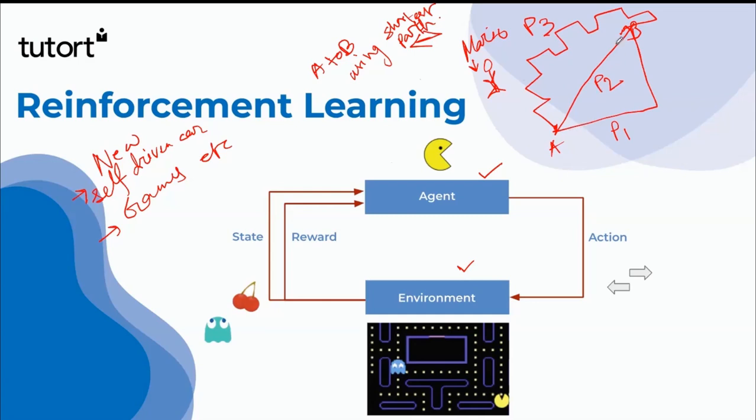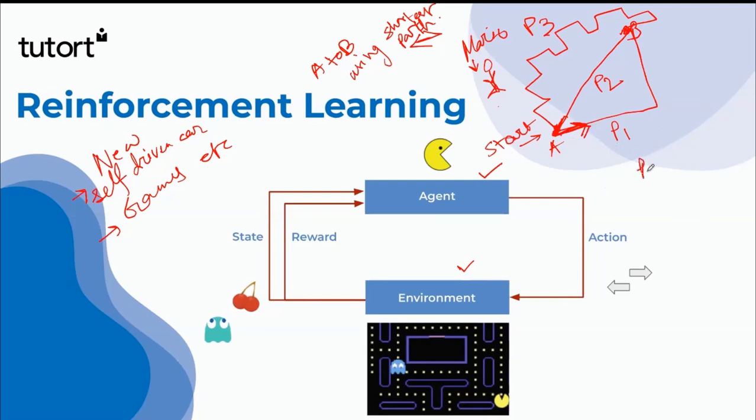In front of Mario, there are 3 paths available in order to reach from point A to point B. Mario is playing the role of an agent over here, and these paths are nothing but the environment, the situation. Mario will start from A, the starting point, and suppose it has chosen path P1 first. Based on the action Mario has taken, Mario will get rewards from the environment.